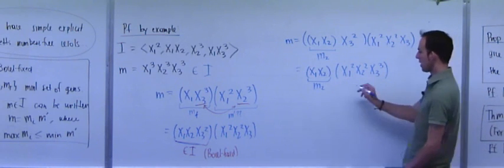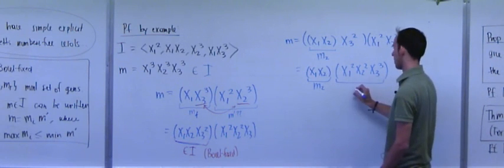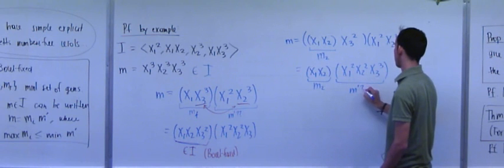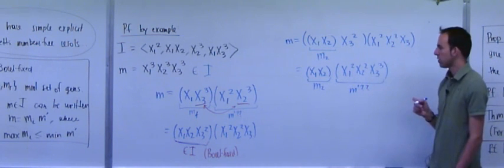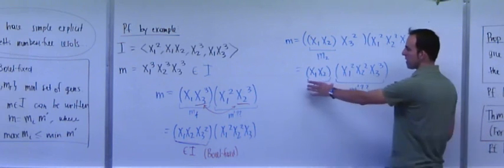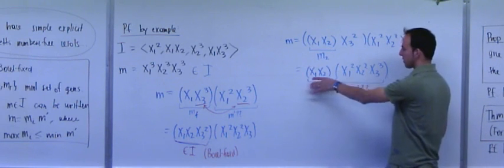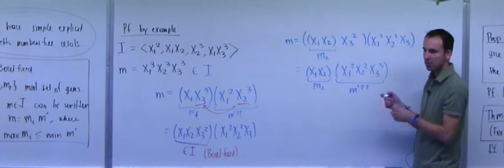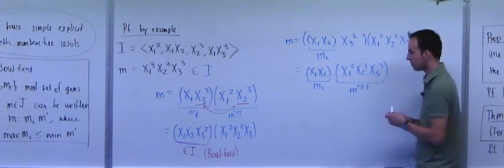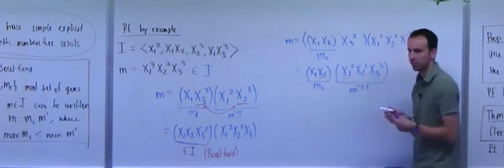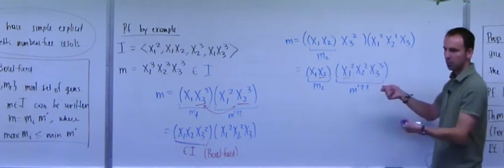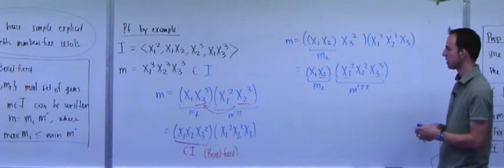And now I check again. So now I check, can this serve as my M prime now? So to know that, I have to see whether each variable here is less than or equal to each variable here. But again, that's not true, right? Because here I have an x2, and here I have an x1. And so then I repeat this process. Okay?